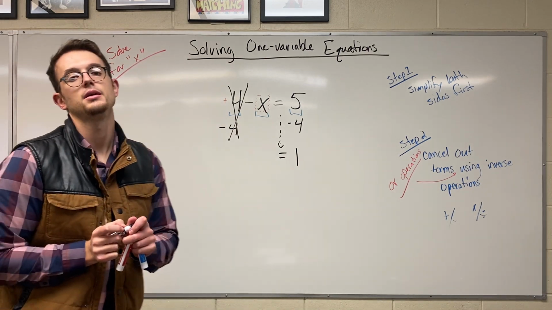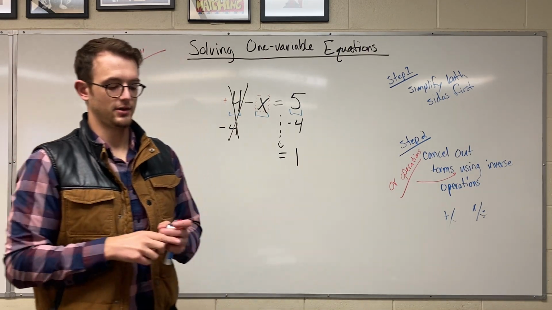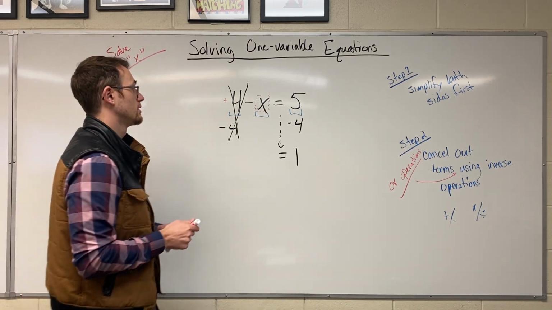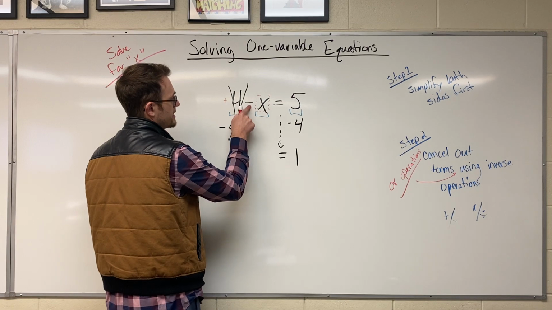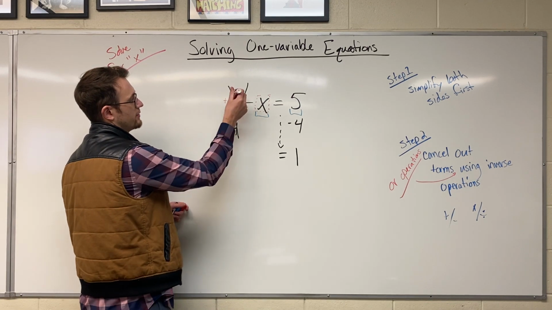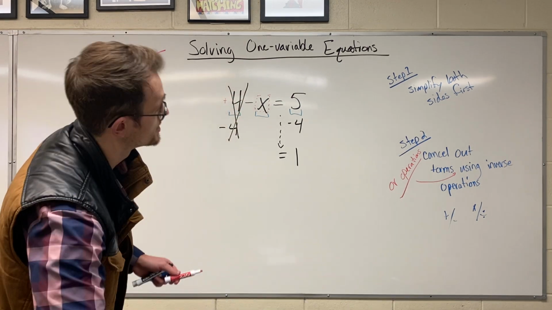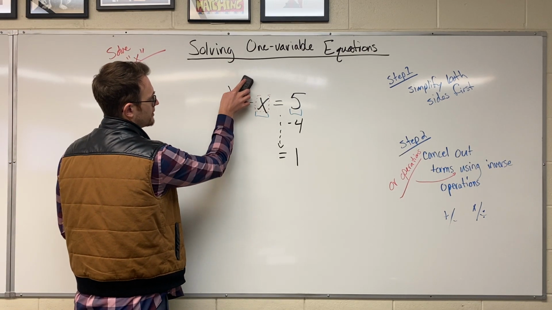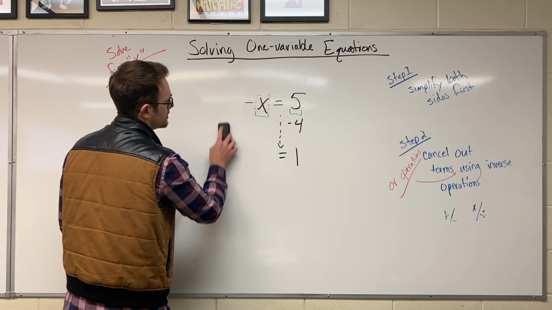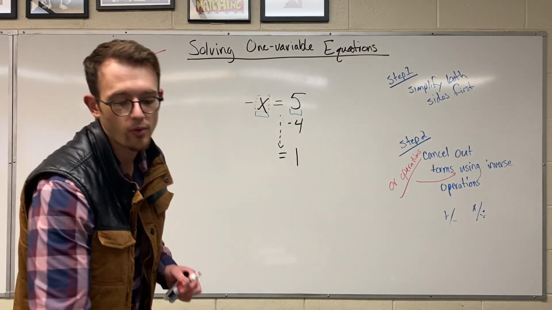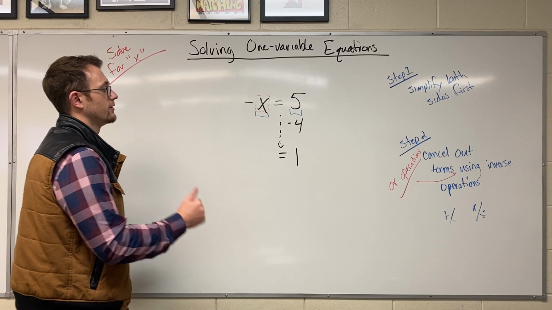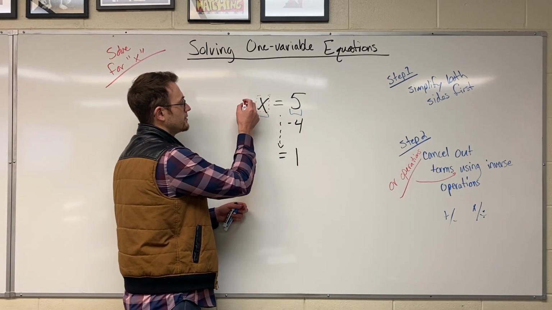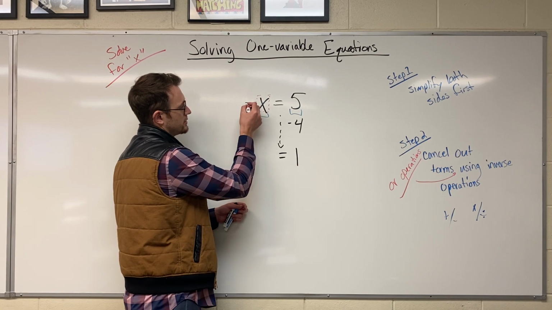Now, very important, highly important. This mistake is a very common, frequent mistake. That negative, I didn't cancel out that negative, I canceled out the 4. I'm just gonna erase this. Usually I wouldn't, but I canceled it out. It is gone now. I only canceled out the 4. I got rid of the 4 by subtracting it to the other side. This negative is still there.